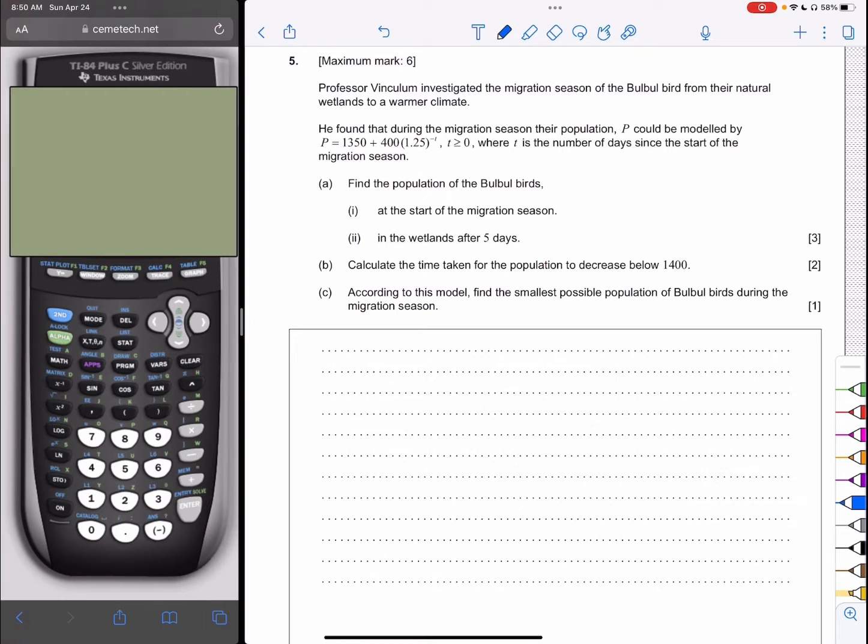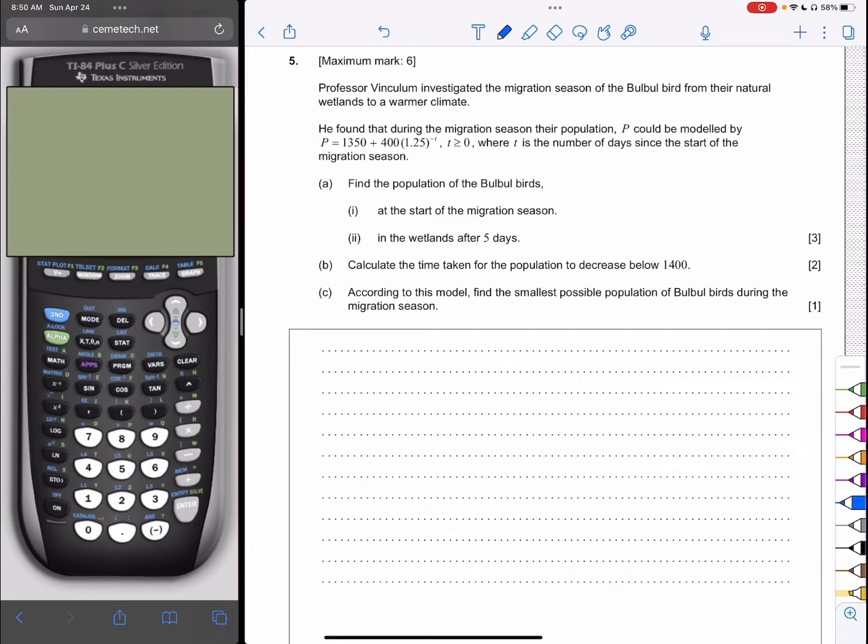So it says here to find the population of the bulbul birds, number 1, at the start of the migration season. So remember, we should understand that the word start means y-intercept, and the value of your y-intercept is the value of y when x is 0. So the start of the migration season is telling me that t is equal to 0. So I'm going to have P is equal to 1350 plus 400 times 1.25 to the power of negative 0.